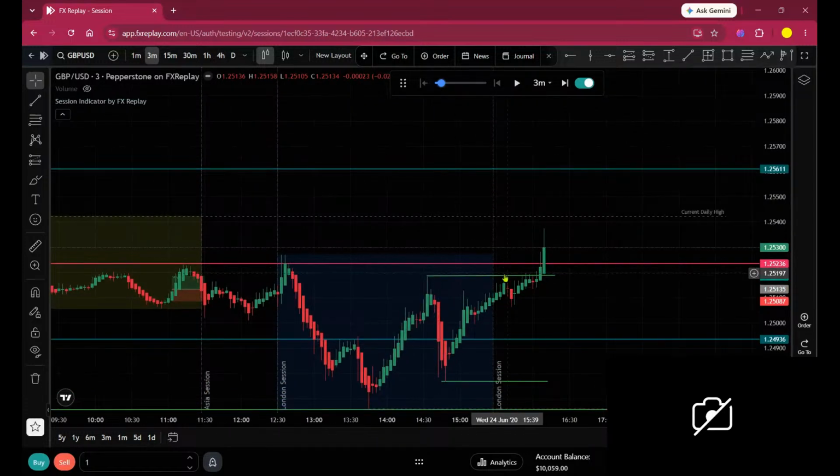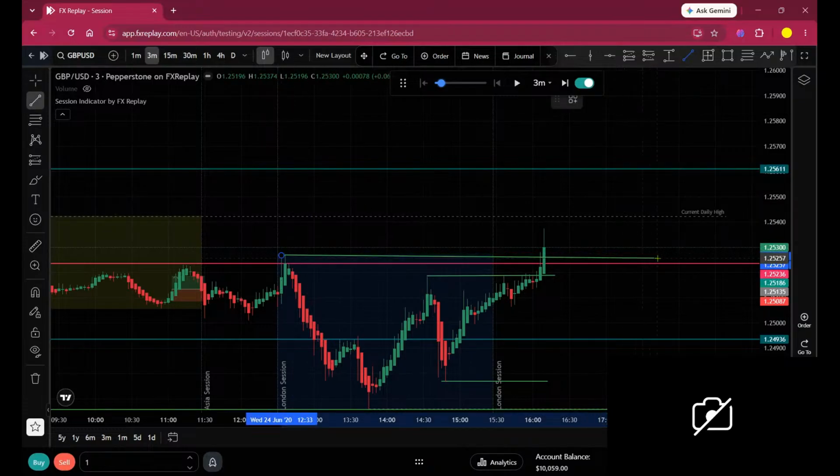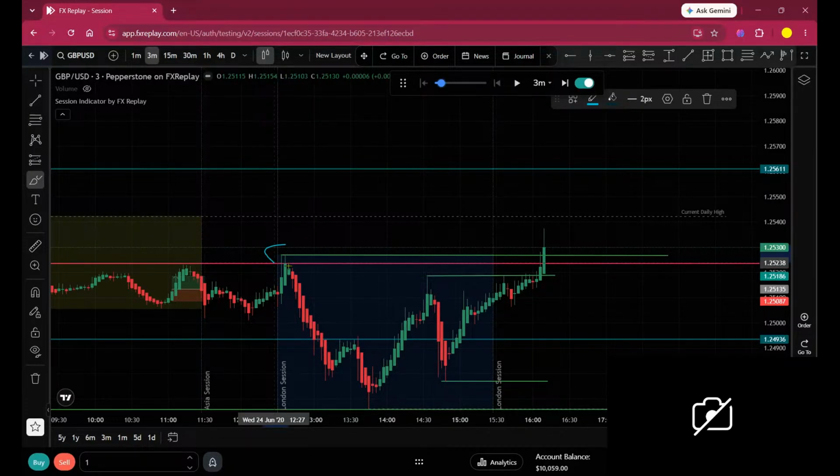Market has swept this low. This candle has formed. Market also swept this London high and London swing high.